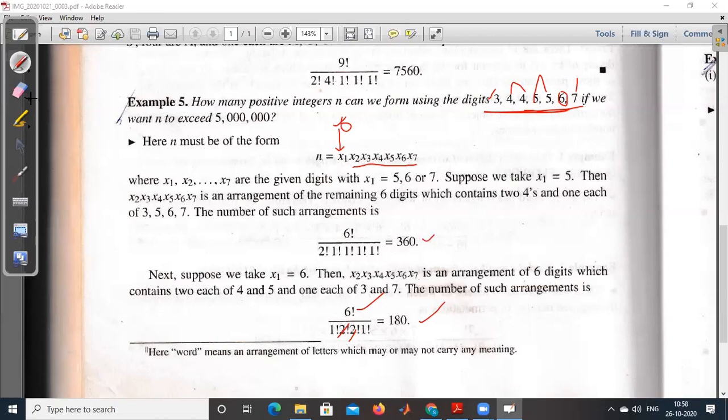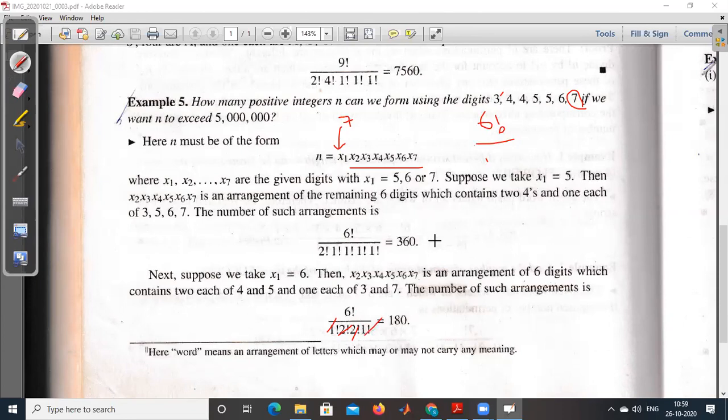So if x1 is 7, if you fix x1 with the digit 7, the remaining are 6 digits, so 6 factorial, with 2 fours, 2 factorial, 2 fives, 2 factorial, and 1 six, 1 factorial.